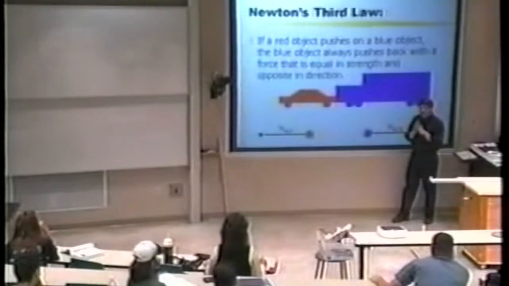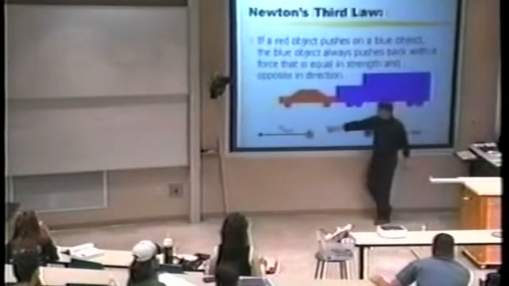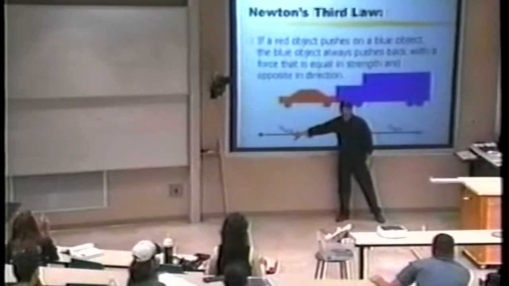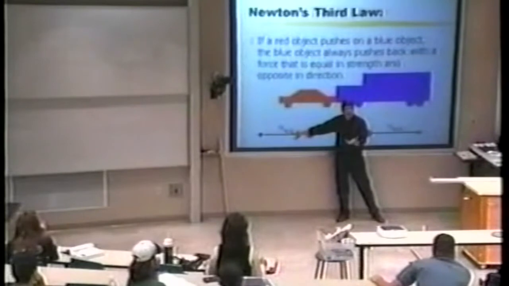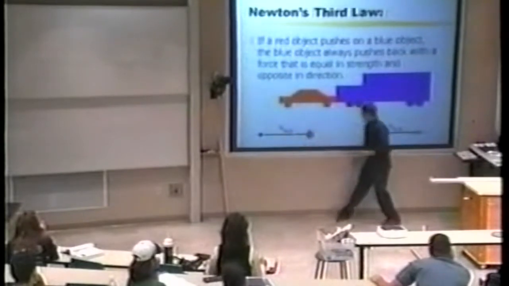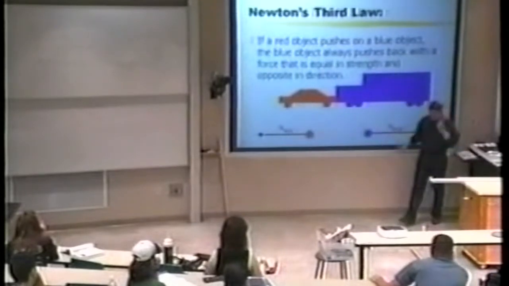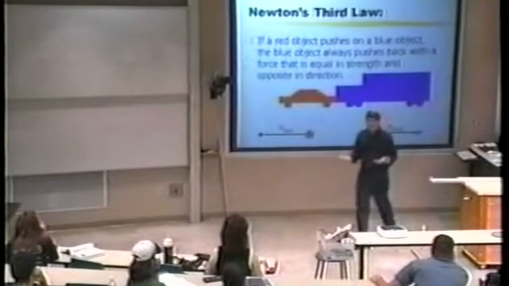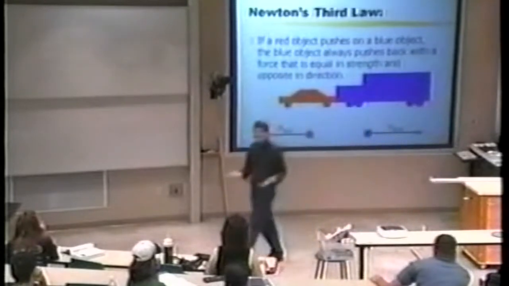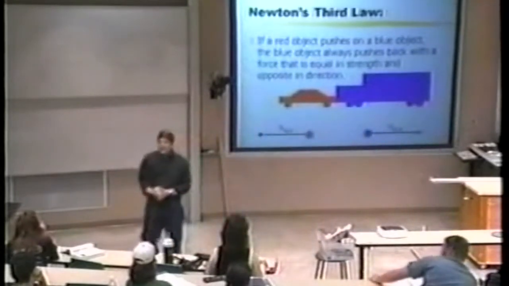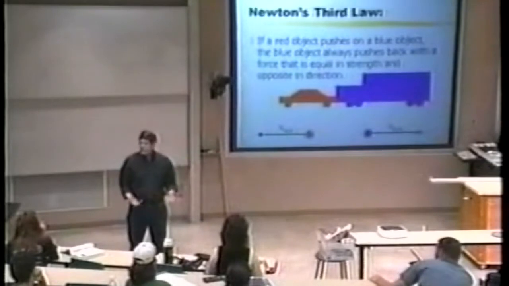They always come in the same flavor, okay? And if this is the blue object pushing on the red object, the simple way to find the companion force is to switch those indices. And now we have the red object pushing on the blue object. And so at its most fundamental level, what Newton was saying is that forces don't come one at a time.